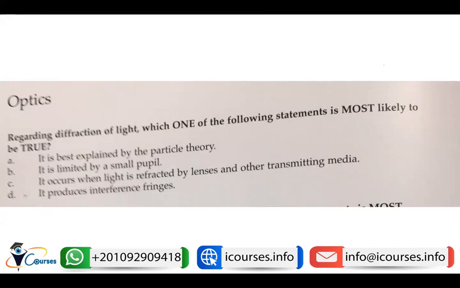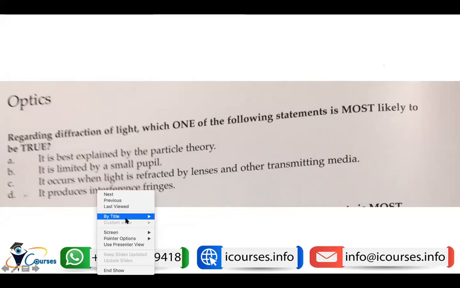Any case of convergence or divergence, any case of vergence, is the pathway of light changing? So there is no refraction. In diffraction, there is no refraction. Please bear this in mind. We are not putting convex or concave lenses in front of the pathway of light that cause convergence or divergence. So there is no vergence here.